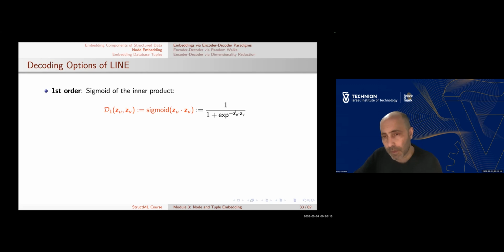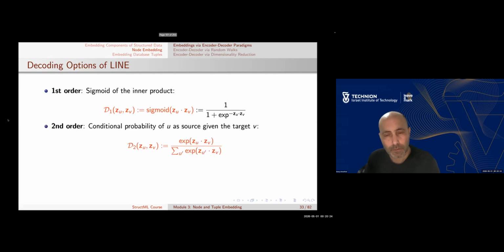So if they have a high dot product, then this number is higher. And another one is the exponent of the dot product normalized by this exponent over different u primes.